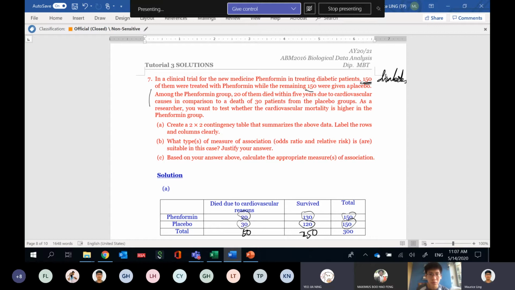All right. So now, why not, Jia En, you calculate the relative risk, and Jia Ning, you calculate the odds ratio. Numbers are given to you already.